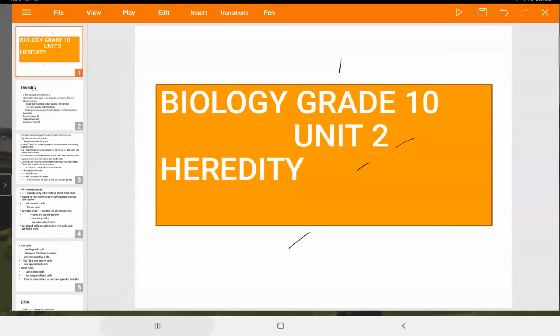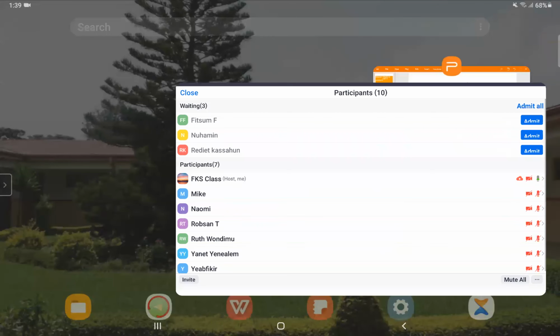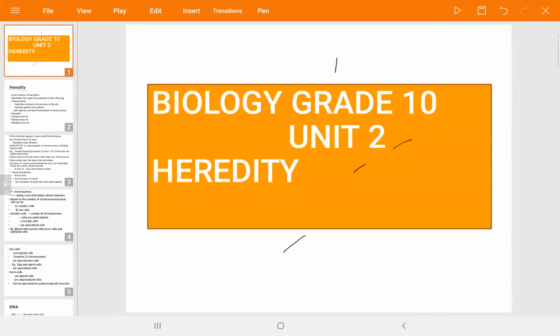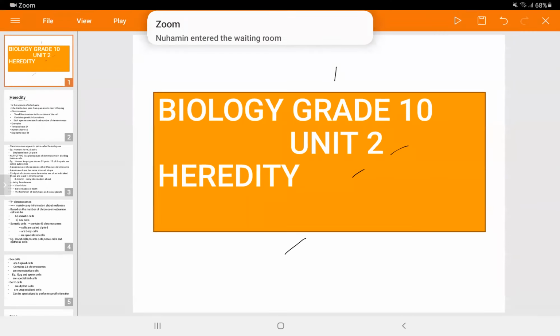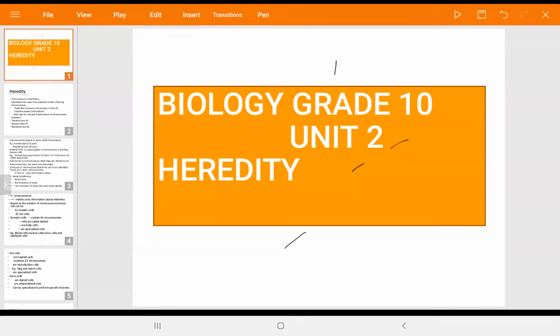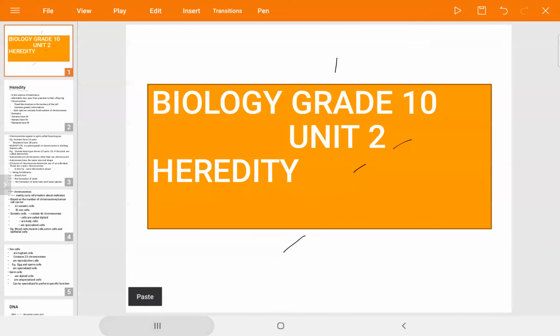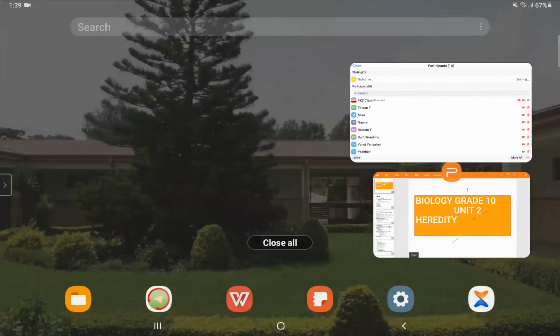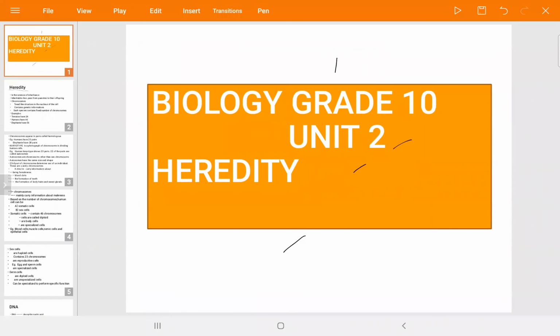What about physiology? Plant physiology, animal physiology. Physiology, morphology. All these are branches of biology. Just like other branches of biology, heredity is a branch of biology which studies about what? Mechanism of inheritance.